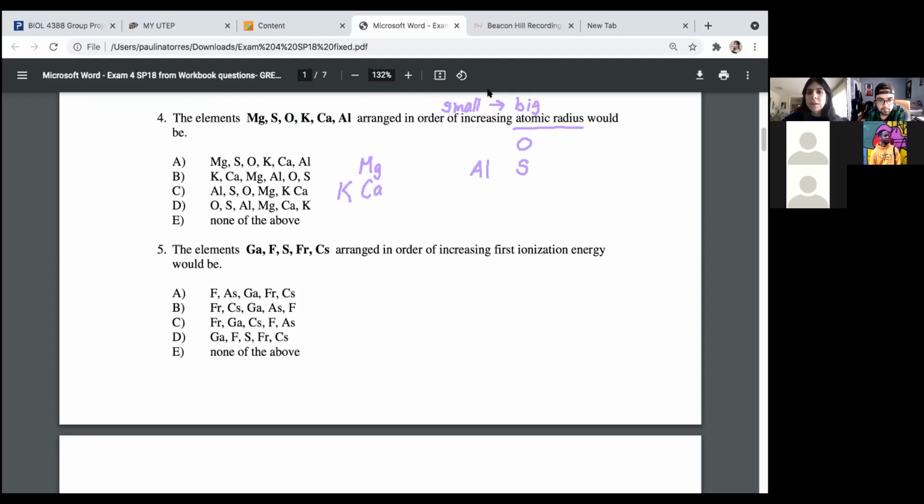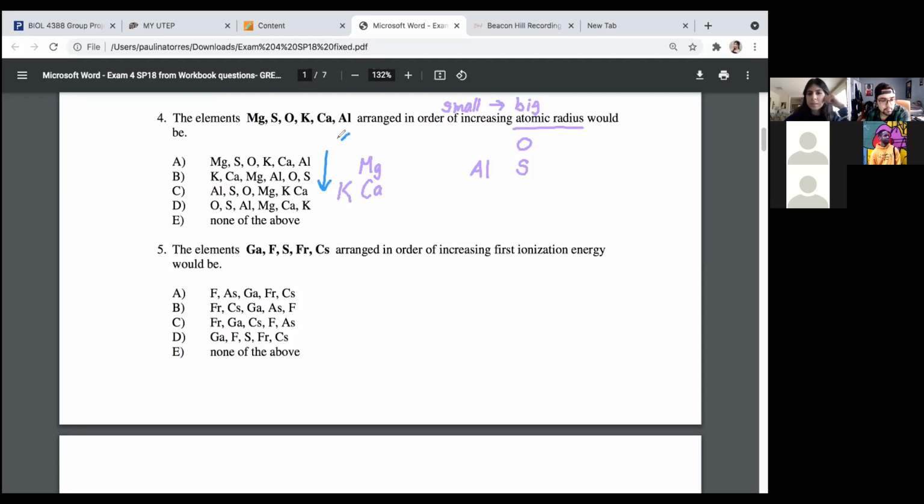Can you guys tell me which way I should draw the arrows for it to be increasing? From top to bottom, should I draw the arrow down or up? Down. You want it to be down? And then on the top, should I draw it left to right or right to left?